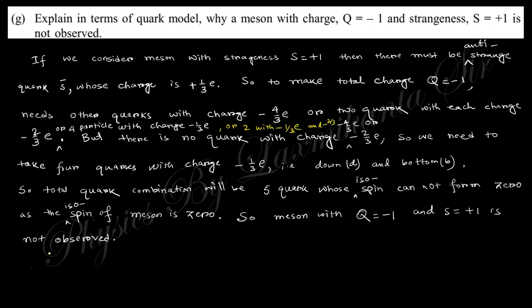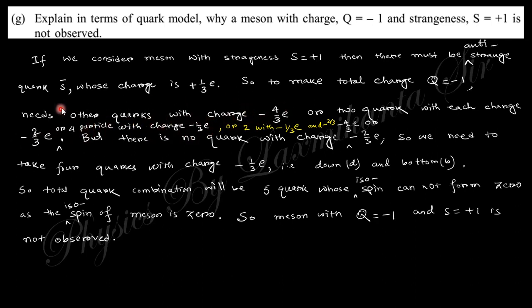This is another possibility, but you know there is no quark with charge -2/3 or -4/3, so there is no possibility to account for those. You need to take 4 particles with charge -1/3.